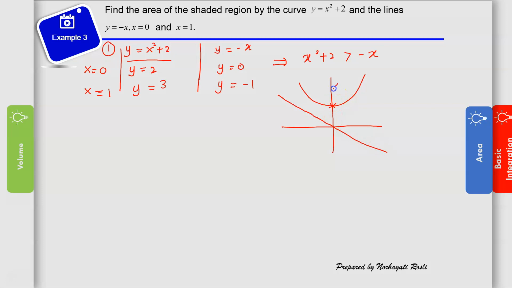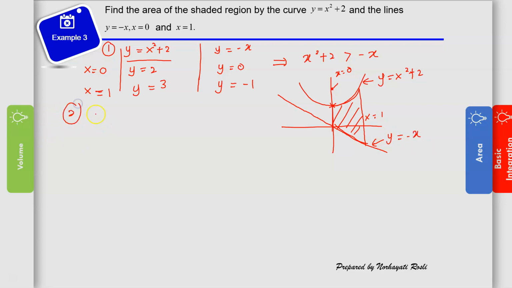Here we have x equals 0, and for example x equals 1, which means the region bounded by this curve, this line, x equals 0 and also x equals 1 is given by this region. And we can see y equals x squared plus 2 is the above function, above the function y equals negative x.